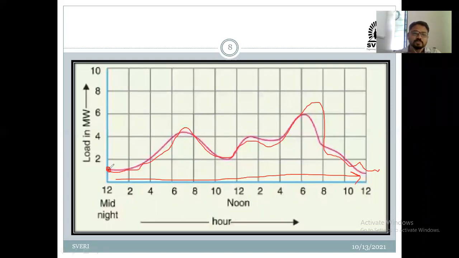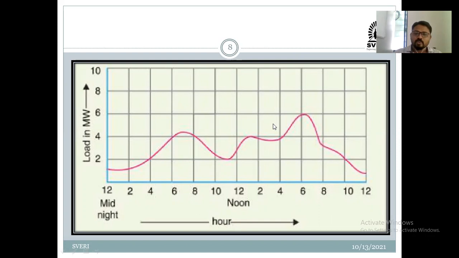See, here it is this much. When you enter, it goes to 4 megawatt, again it comes down, again it increases, again it decreases. Means there is a variation in load for different time intervals, and we get that information with the help of this load curve.